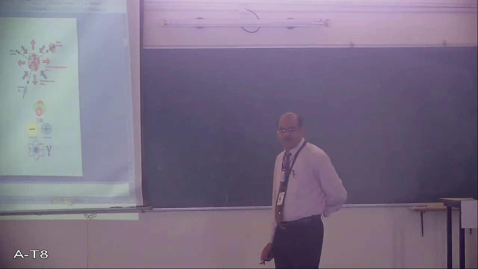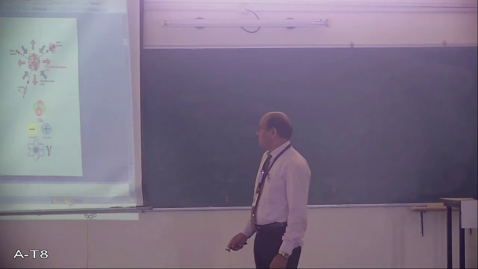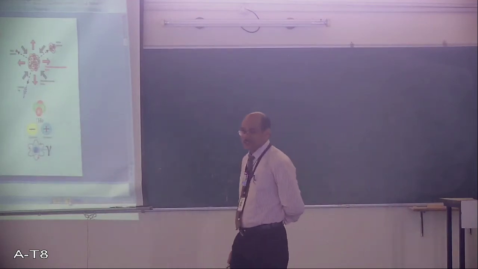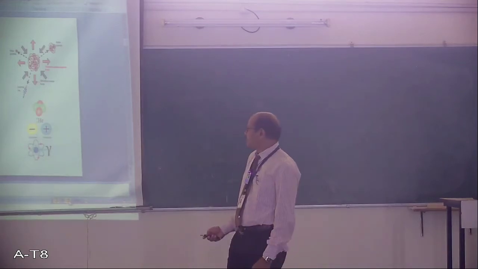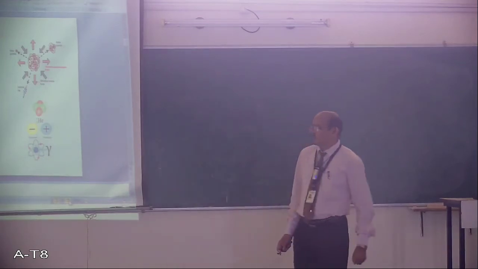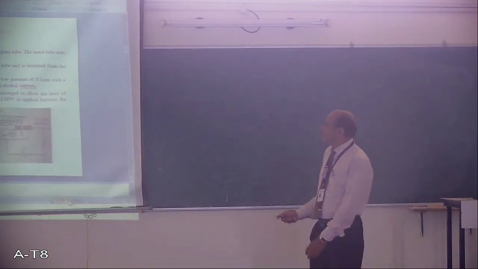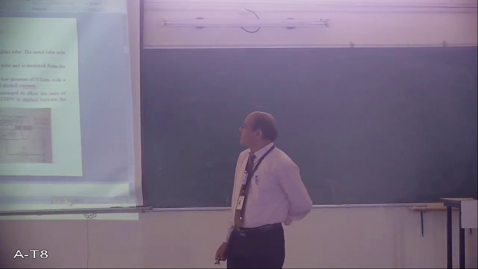Among them, the very efficient counter, widely used throughout the globe, is the GM counter. So let us see the GM counter. GM counter is nothing but the Geiger-Müller counter.